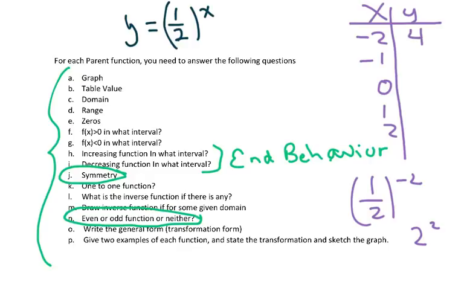And 1/2 to the -1 is actually 2 to the first power, which is 2. And then these are just going to be the same. So 1's going to be 1/2, and 2's going to be 4. No, it's 1/4. Sorry. So this would be 1/4.